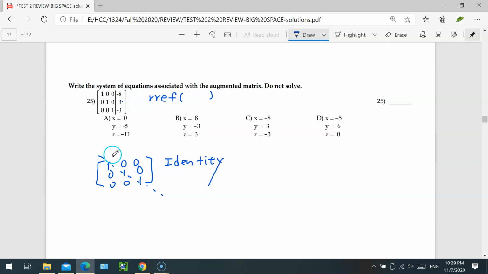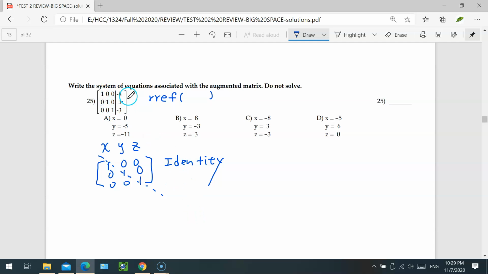matrix. So when you have the identity matrix, the first column represents the x, the second column represents the y, the third column represents the z. Right? Each vertical column represents a single variable. And that's why we use this technique to solve for the system of linear equations.